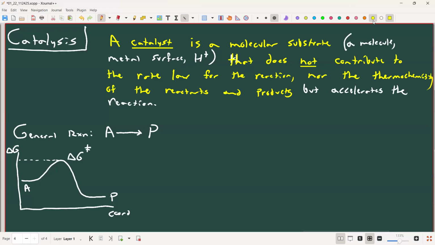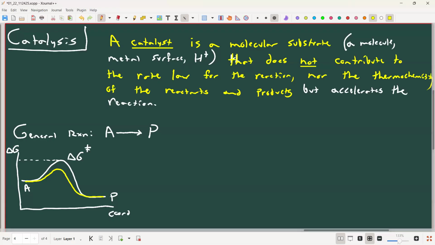And then we apply a catalyst to the reaction. Could be something as simple as we drop it into the flask. It could be that we put it on a surface and run our material over that surface. It could be changing the pH. It could be anything. What happens with the catalyst is that you get the same starting materials and the same products, but the activation energy drops.